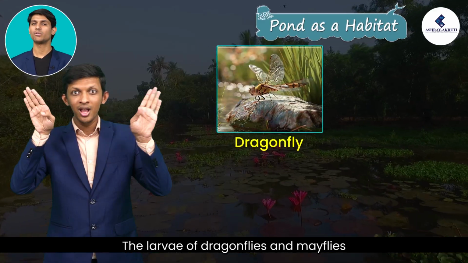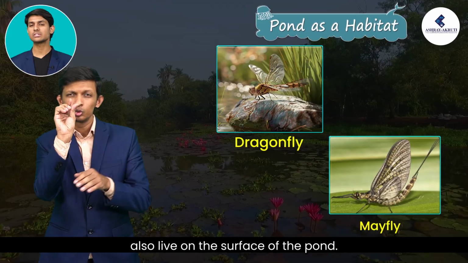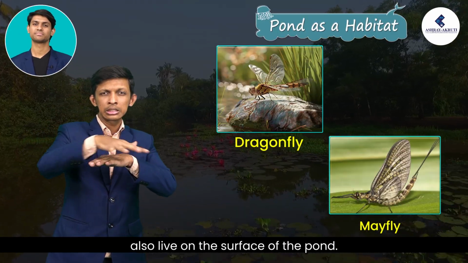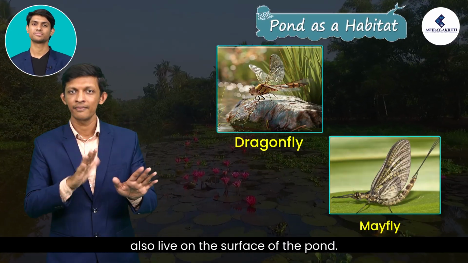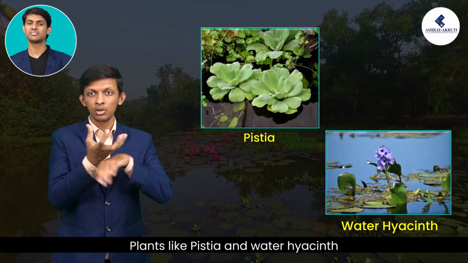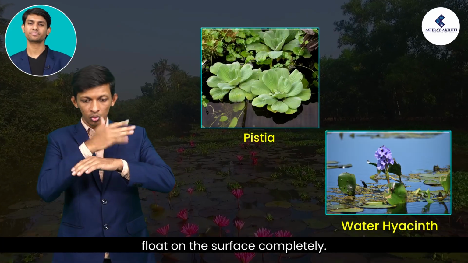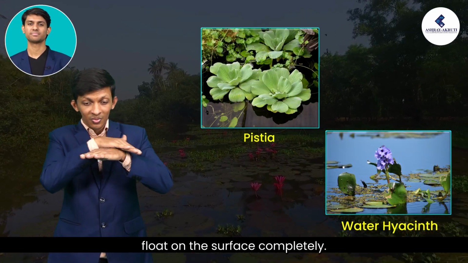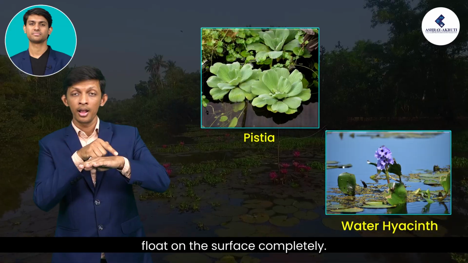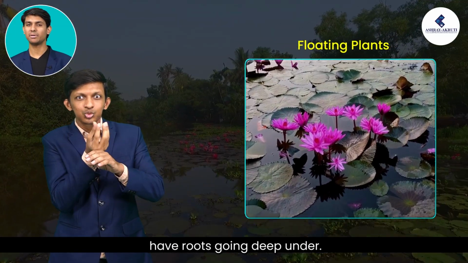The larvae of dragonflies and mayflies also live on the surface of the pond. Plants like pistia and water hyacinth float on the surface completely. Some plants like the lotus have roots going deep under.